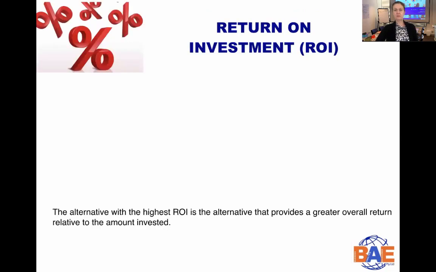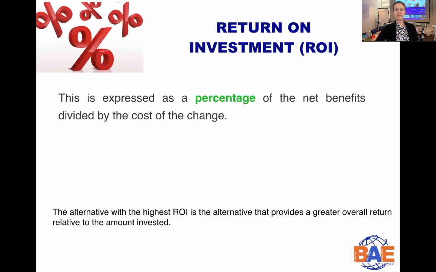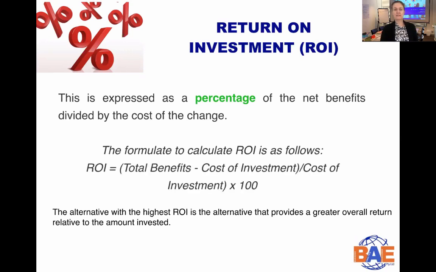So return on investment. This is expressed as a percentage of the net benefits divided by the cost of the change. So the formula to calculate the ROI is as follows. The ROI equals total benefits minus cost of investment, divided by the cost of investment, multiplied by 100 because it's a rate.